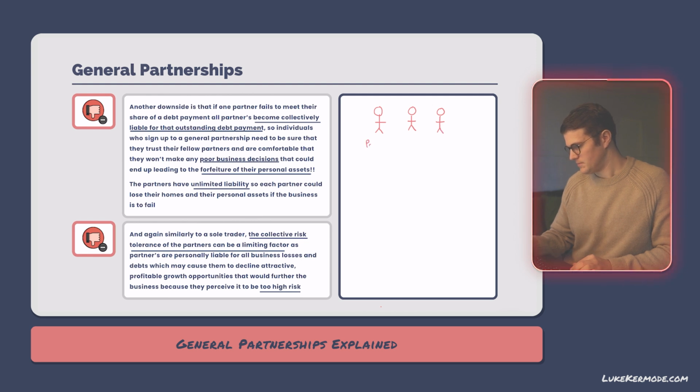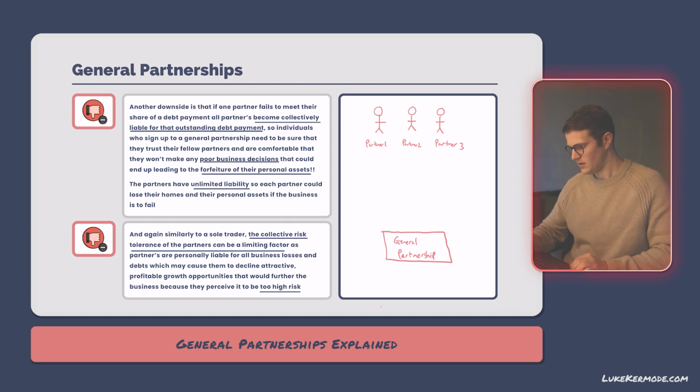So we've got partner 1, partner 2, and then we've got the business, so the general partnership. So this is the business structure that they've formed together. They come together, 3 partners, and they formed a general partnership.